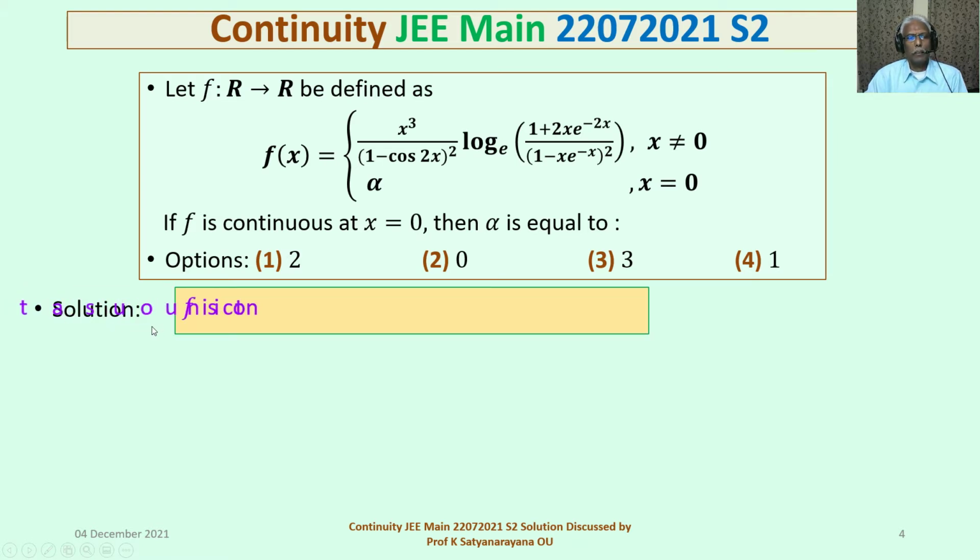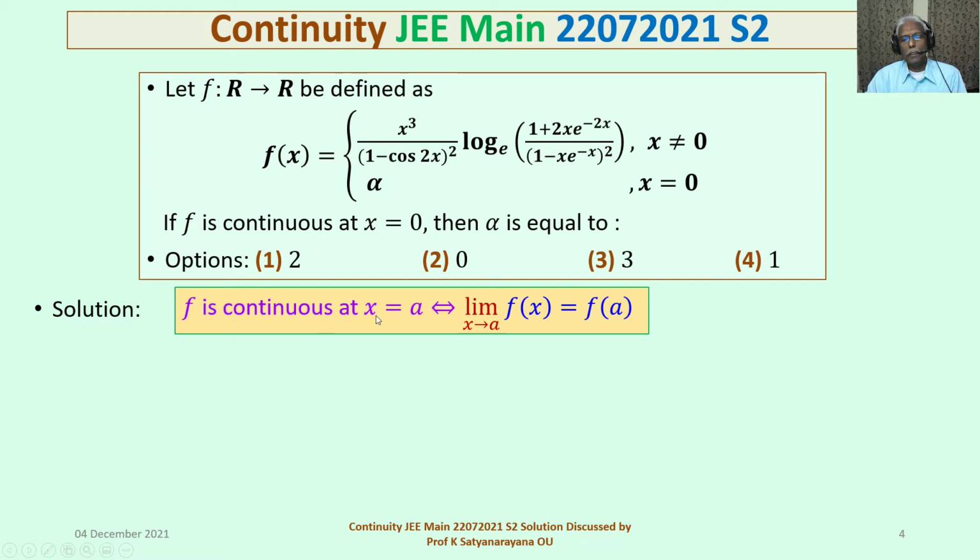Solution. We recall f is continuous at a point x equal to a if and only if the limit of the function f of x as x tends to a is equal to f of a, the value of f at a.